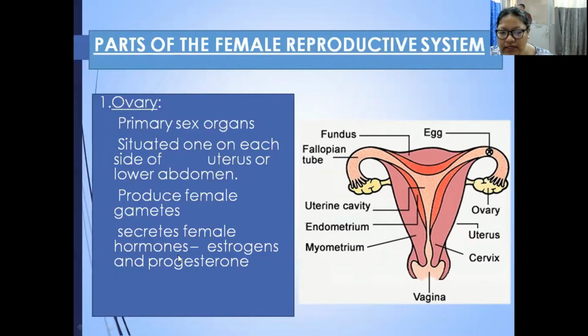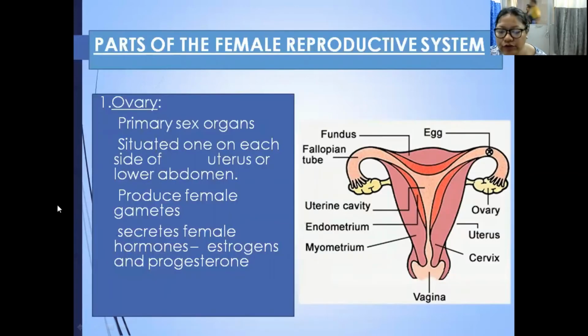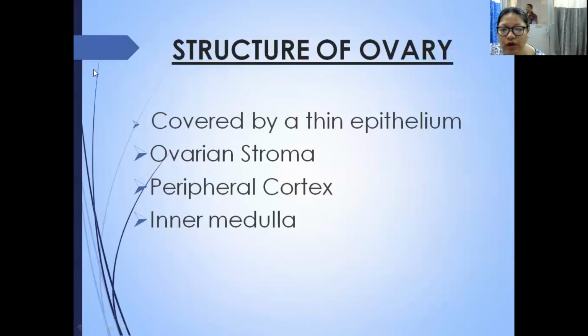So this is all about the ovary. Now let's see the structure of the ovary. In the previous slide, I showed you that we have one pair of ovaries, one on the right hand side and the other on the left hand side. So how is it structured? Number one, it is covered by a thin epithelium.